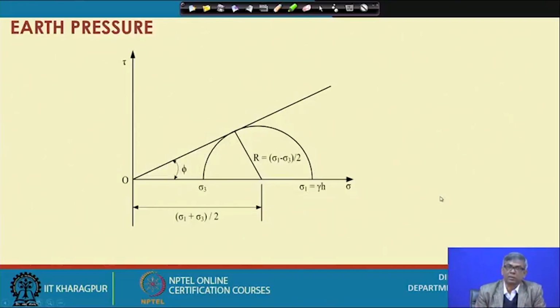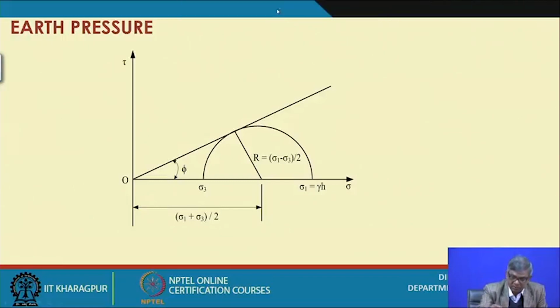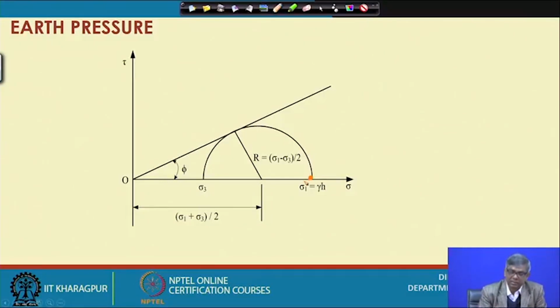Now, extracting from there, I am extracting the active case only. That means, active case means what? This was the initial pressure, and then because of the movement of the wall, it reduced to this value.